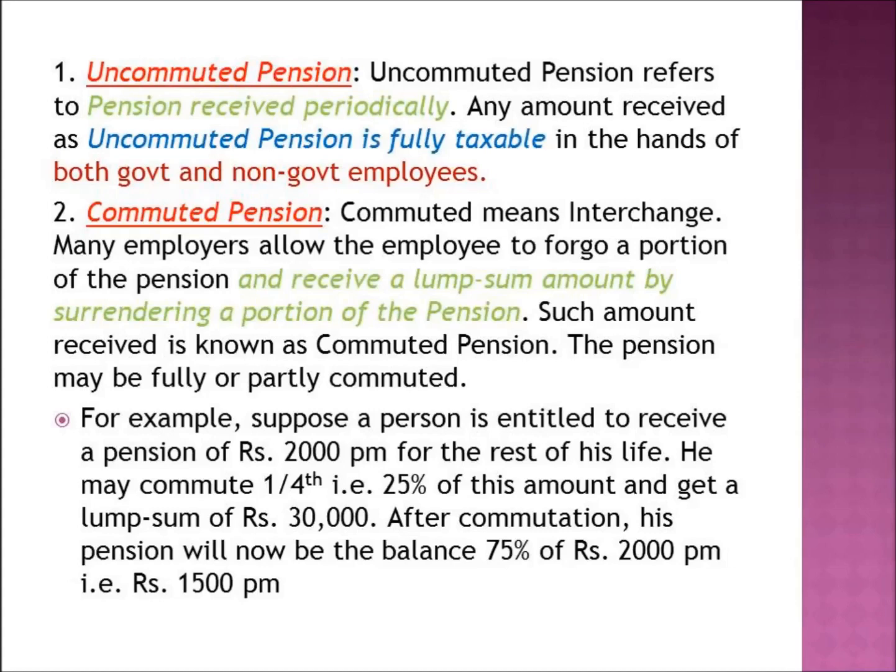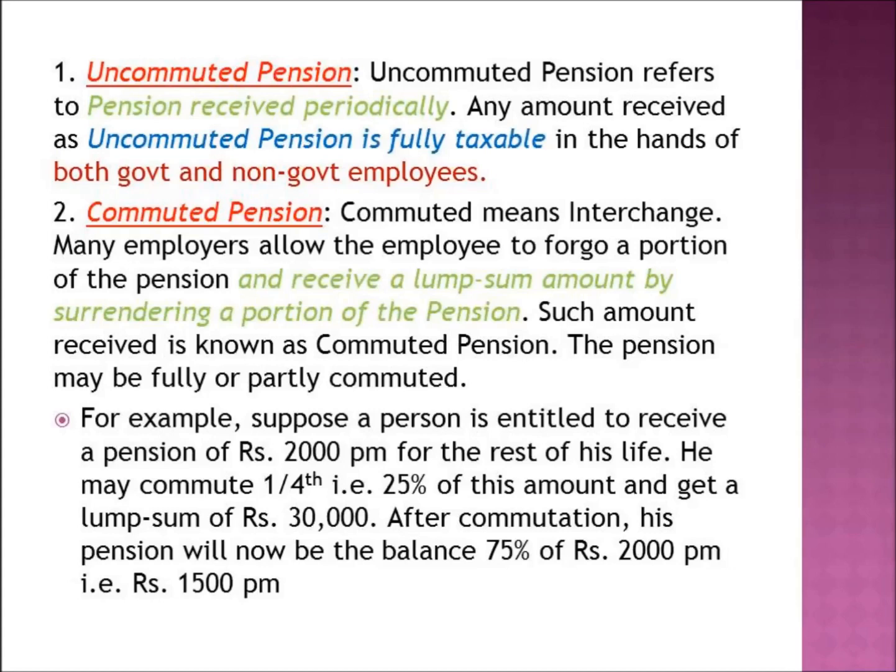This is what we mean by commuted, and this is what we mean by interchange. We interchange some portion of the pension for a lump sum amount, meaning we receive a lump sum amount from our employer and we forego some part of the pension. Such amount received is known as commuted pension.